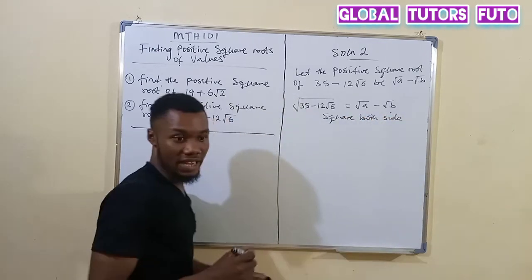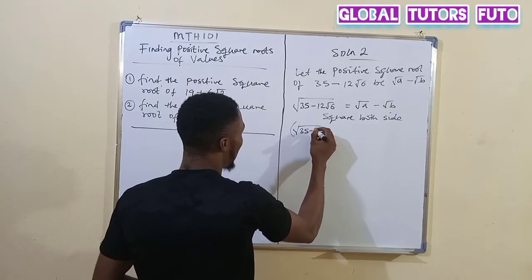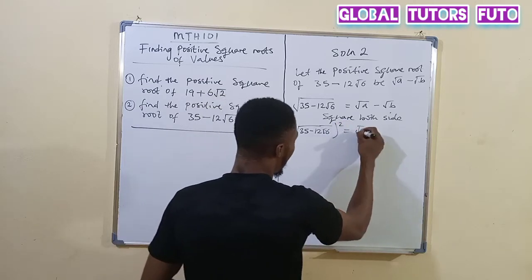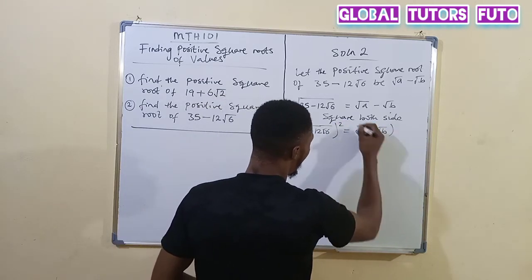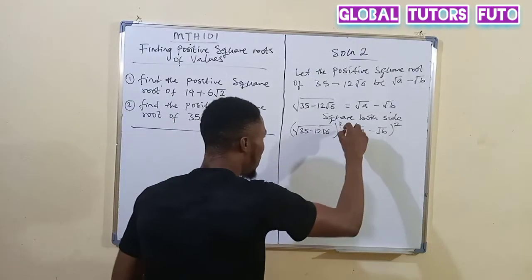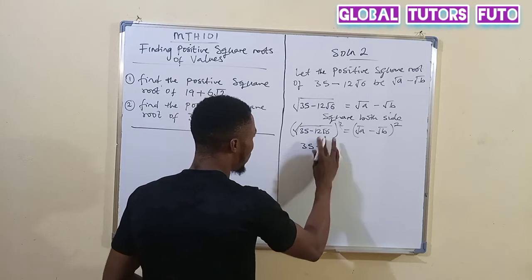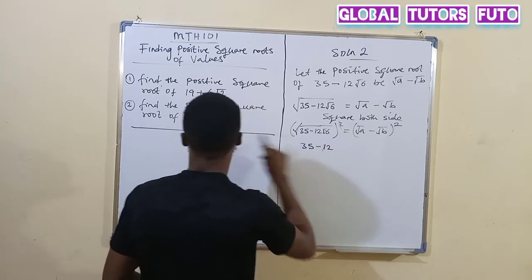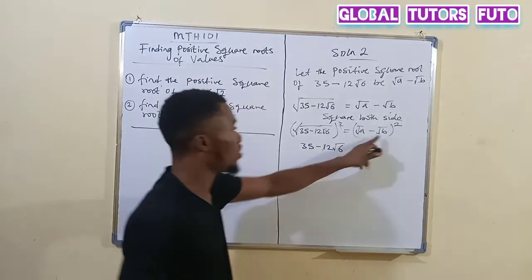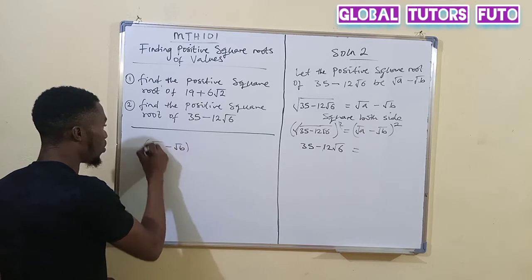So square both sides. You want to square both sides: 35 minus 12 root 6 equal to root A minus root B all squared. So this cancels this. So I will have 35 minus 12 root 6. This will be equal to, so we are going to expand this. This is root A minus root B all squared.